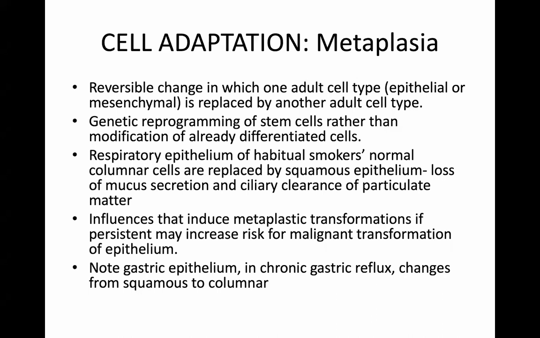Metaplasia is thought to arise by genetic reprogramming of stem cells rather than differentiation of already differentiated cells. Which means that those adult cell types are replaced by cells that are differentiating to replace them with a different cell type, not that the adult cell types themselves change into other forms.